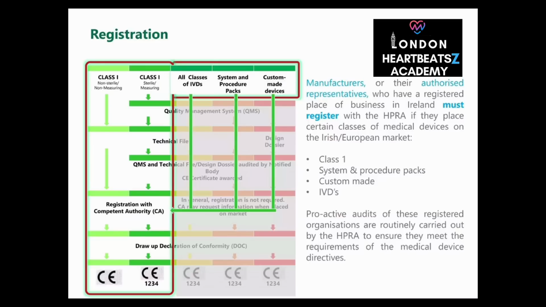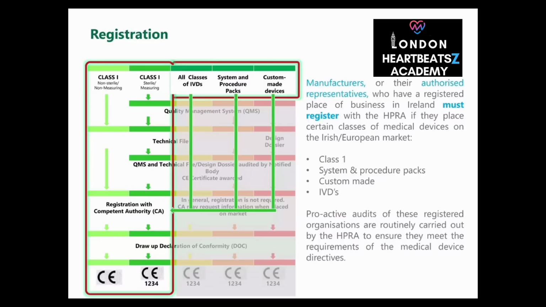Absolutely. So once the CE marking is secured, are we done? Not quite. There's one more step. What is it? Registration. It varies depending on the country, but in Ireland, it's the Health Products Regulatory Authority, or HPRA. So not all software has to register with the HPRA? No, not all of it. What's the rule there?